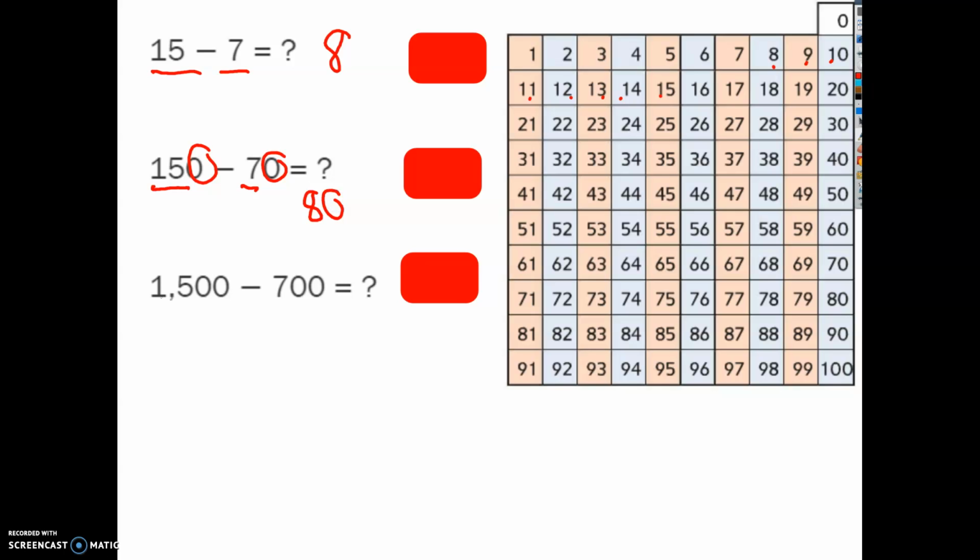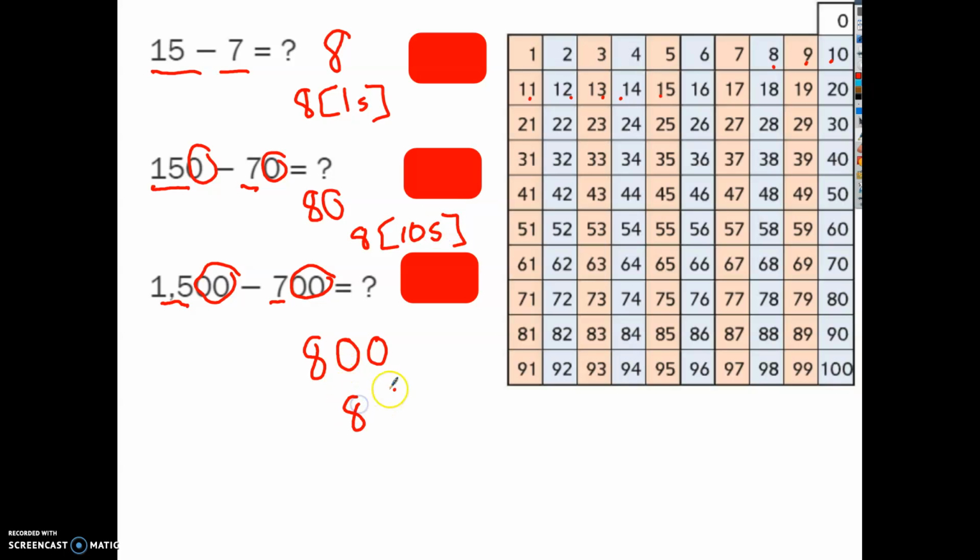It's 80. Again, underline the basic fact. 15 minus 7 is 8. 2 zeros here, 2 zeros here, 800. So this is 8 ones. This is 8 tens, and 800 will be 8 hundreds.